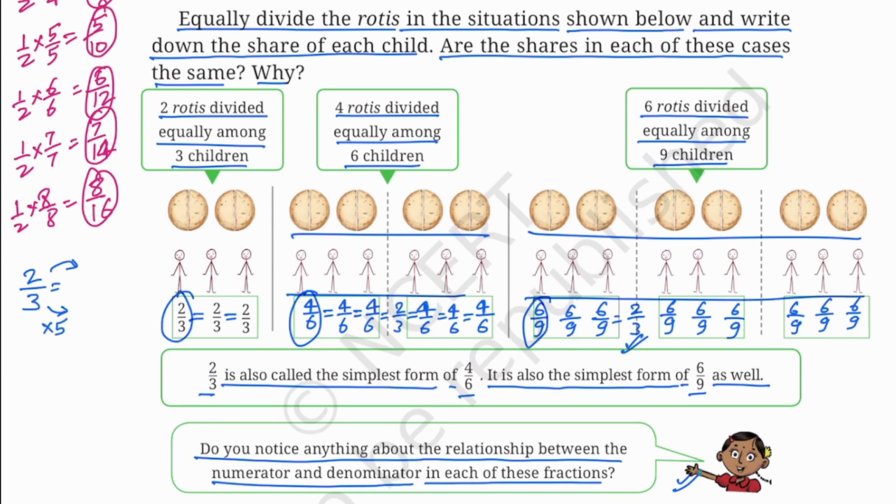For example, if I multiply 2 and 3 by 5, the new fraction will be 10 upon 15, which is an equivalent fraction of 2 upon 3, 4 upon 6 and 6 upon 9 and so on.